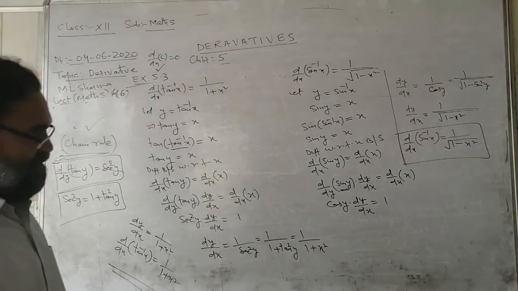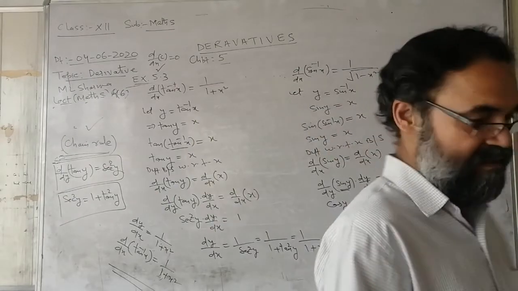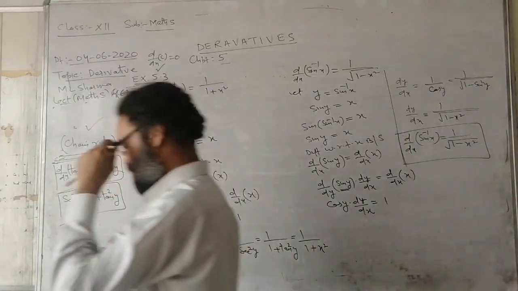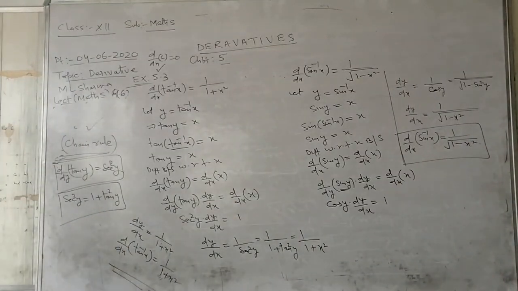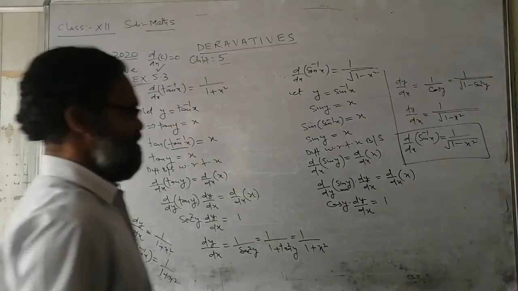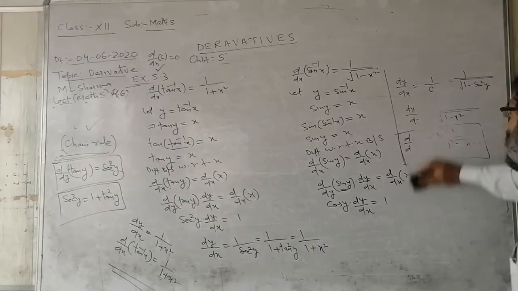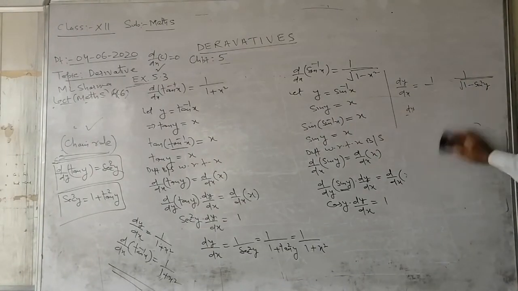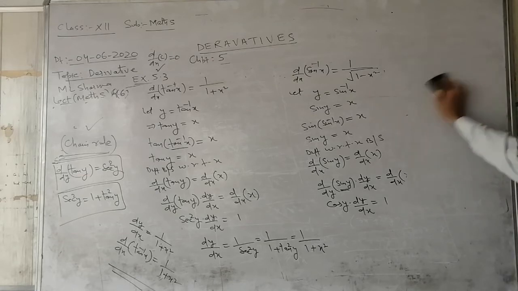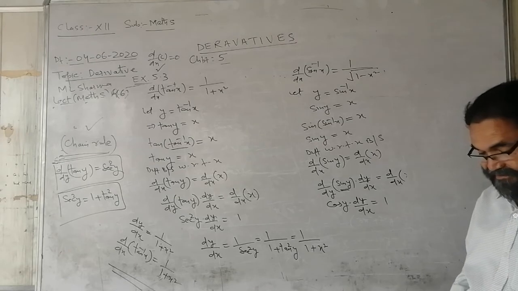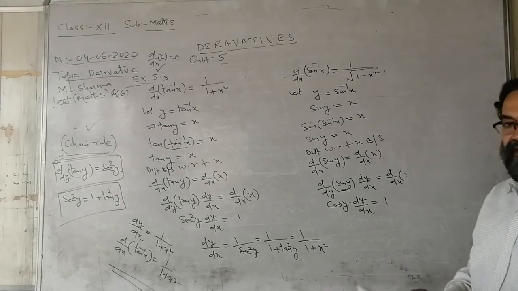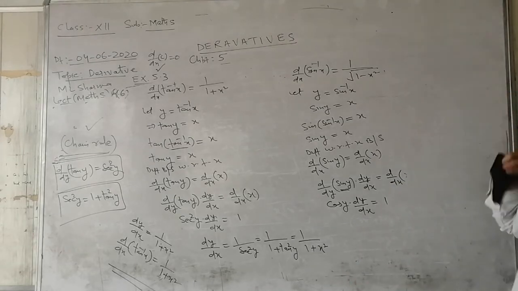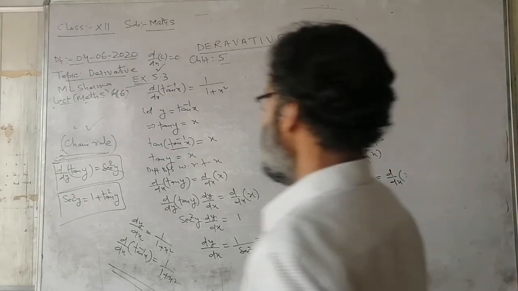So the rest you try yourself. So let us solve the exercise questions based on these formulas. I am taking the questions which will need the application of these formulas.